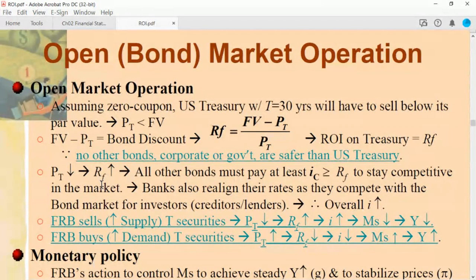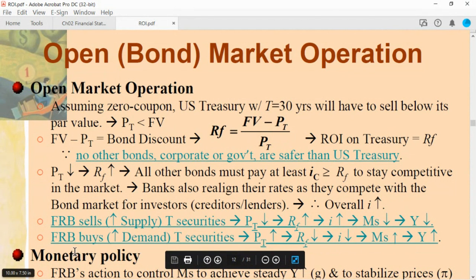But before that, the last individual or last corporation will go bankrupt. So nothing can be safer than the U.S. Treasury. It's not 100%, but it's as close as you can get to risk-free. Okay, zero risk. All right.